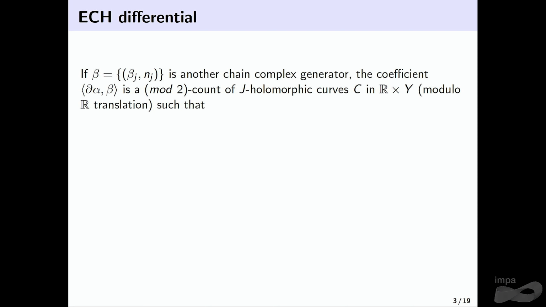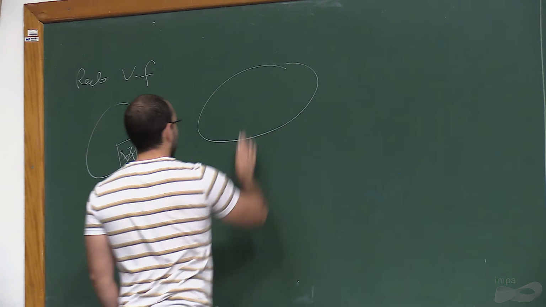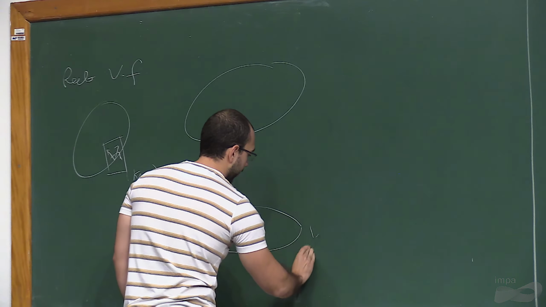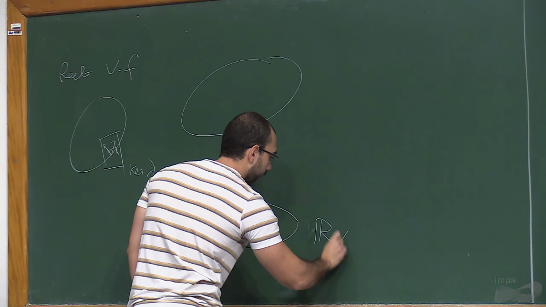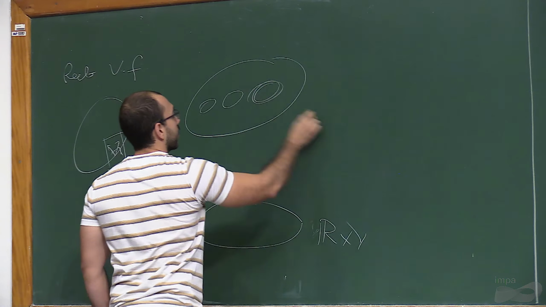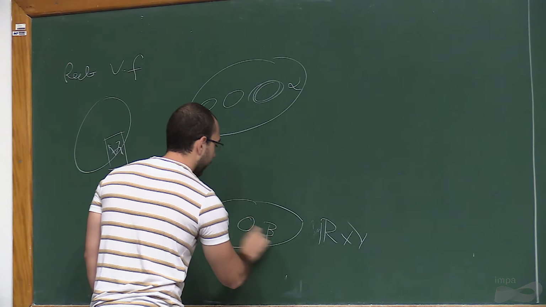So that's the chain complex, and we need to define the differential. The differential is a standard count of holomorphic curves. But in this work, we count holomorphic curves in the symplectization which converge as currents. So we have R times Y, and then we have an orbit set here, say alpha, and another orbit set here, say beta.